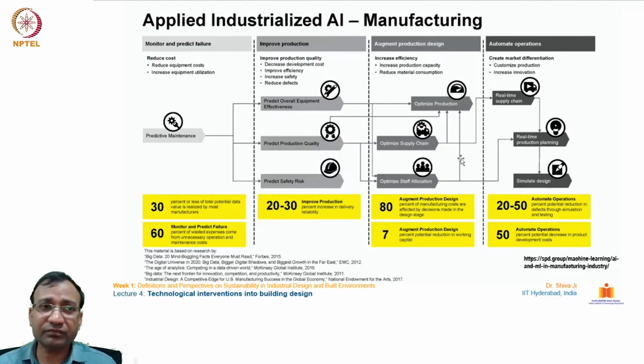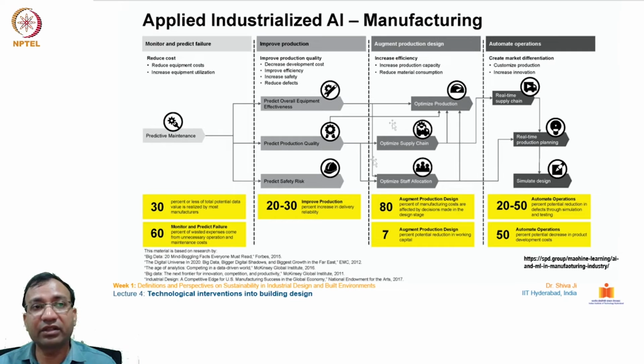So we see there are three further effects of taking these predictive maintenance activities. In augmenting production design, we can increase the efficiency of the entire machinery and equipment, set up the equipment and tools being used, increasing production capacity. This way we can also reduce the material consumption. Finally, in the automate operations part: create market differentiation, customize production, increase innovation.